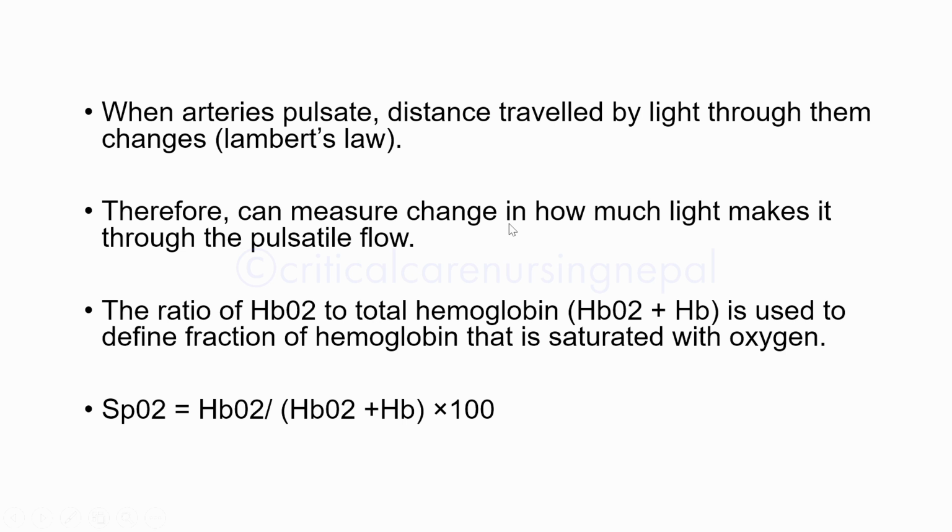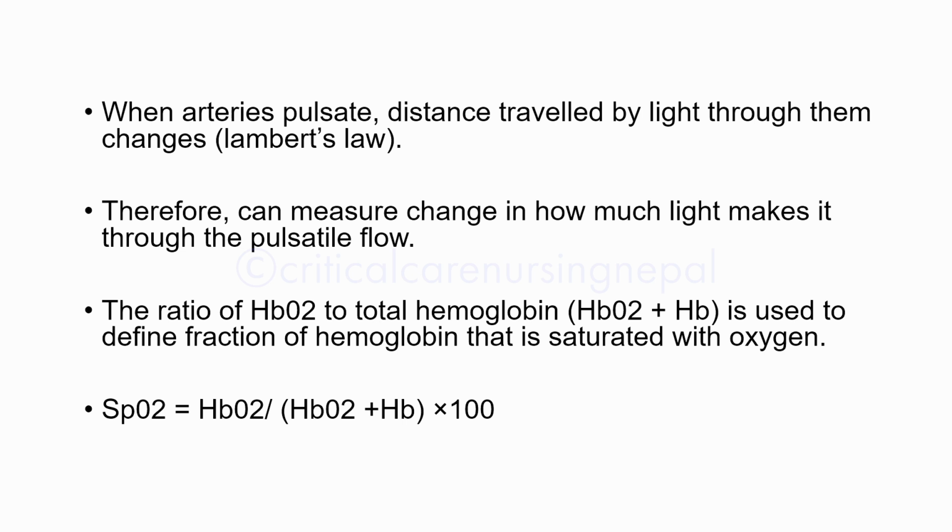After getting the absorption of the light at different wavelengths, the device has its raw data and it calculates the SpO2 as the ratio of oxyhemoglobin to total hemoglobin, used to define the fraction of hemoglobin that is saturated with oxygen.